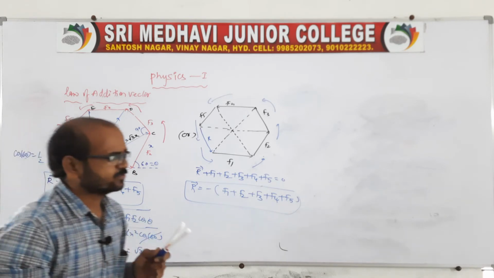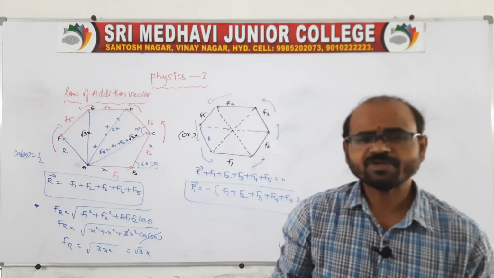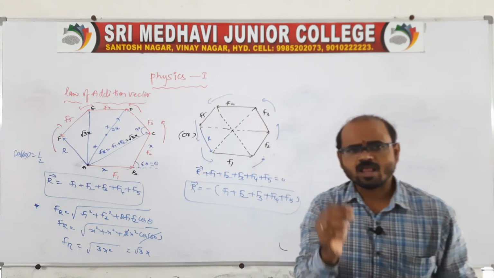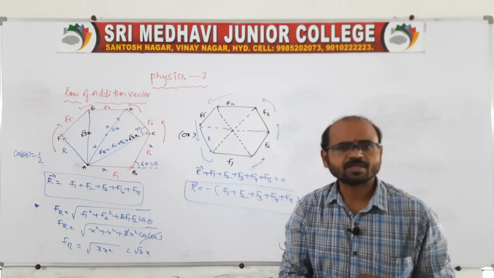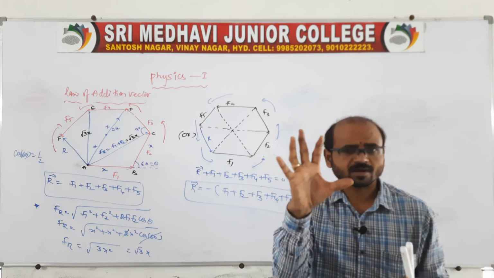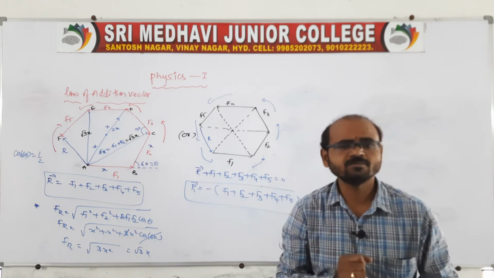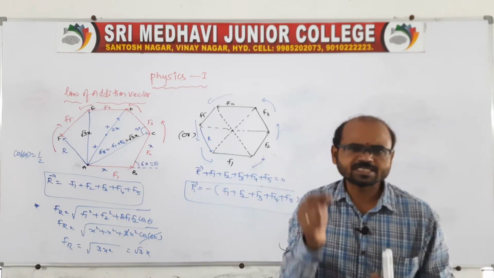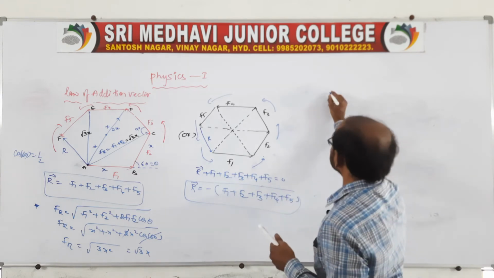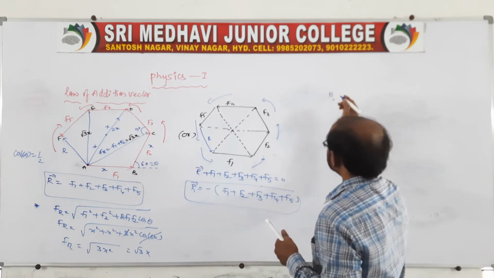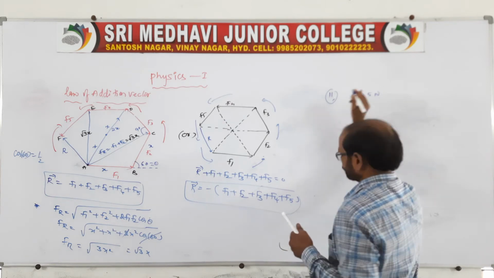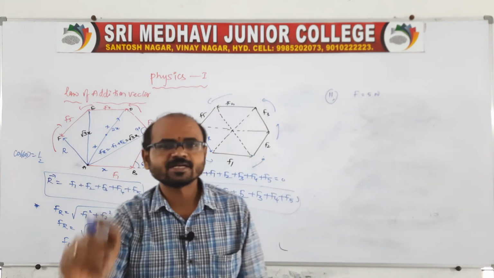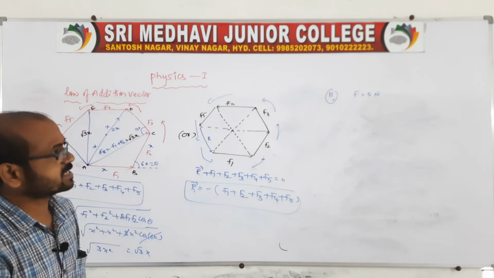Suppose there is a question given: if 11 forces are given in the polygon, each equal to 5 Newton, find the resultant.